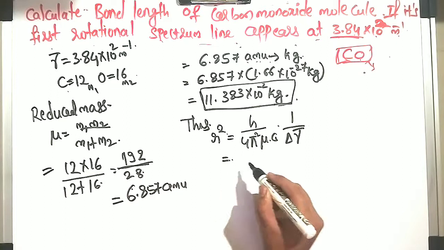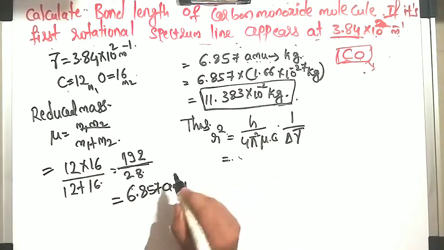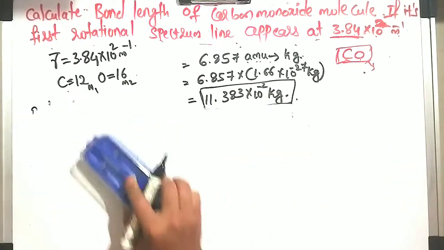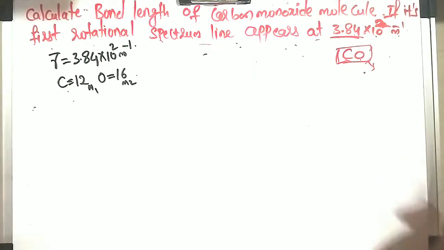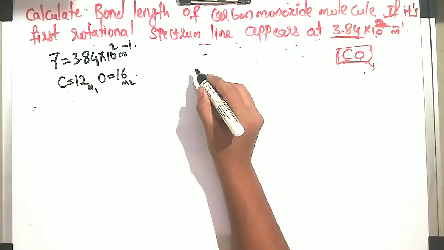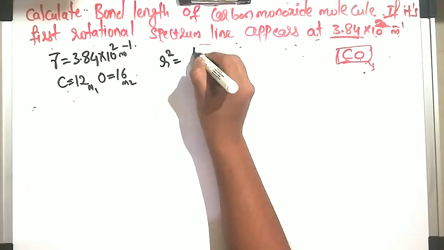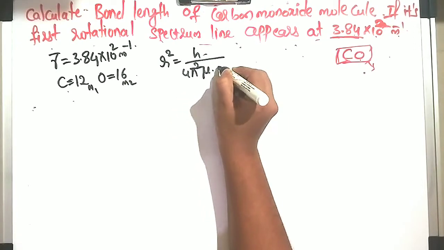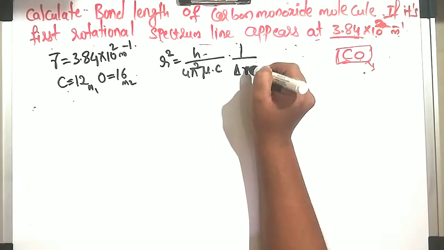This is the long equation, so you just note down all the steps. Okay, so our equation was R square equals h divided by 4 pi square mu into c into 1 divided by delta nu bar.